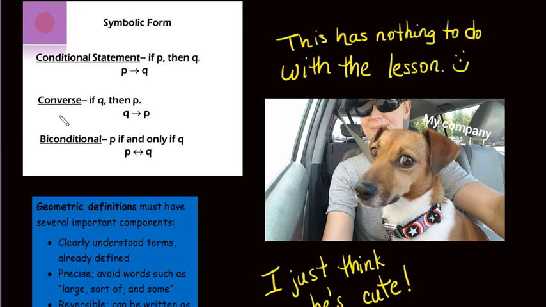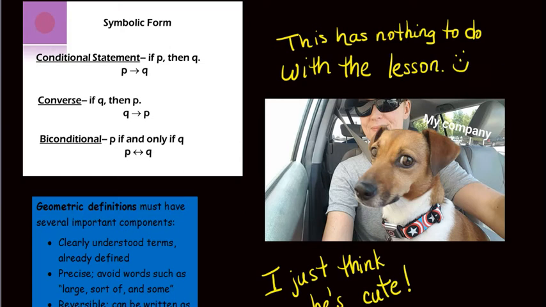And then when you write its converse, you'll see a Q with an arrow pointing towards P, and that simply means if Q, then P. If Q is true, then P is true. And then when you see a biconditional written in its symbolic form, you'll see a P with the double arrow going back and forth, Q. And you read that as P if and only if Q.